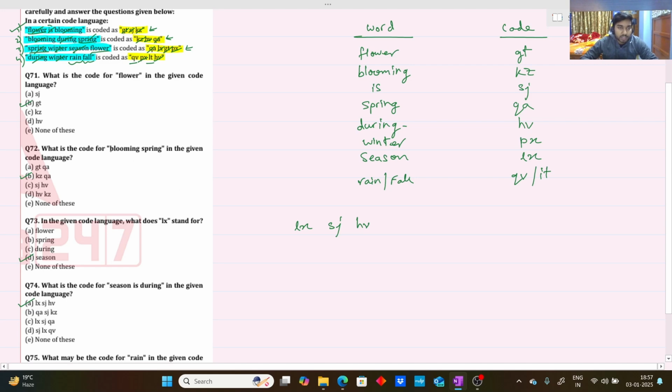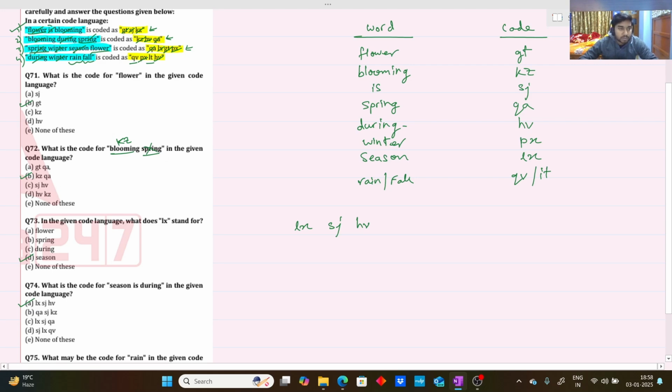Or even for questions like "blooming spring", if we have found that blooming is KZ and we do not know the code for spring yet, we can eliminate options. We'll just skim through the options and discard the options which do not have the code KZ.